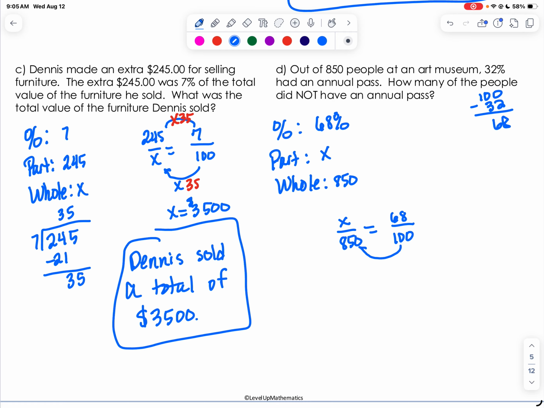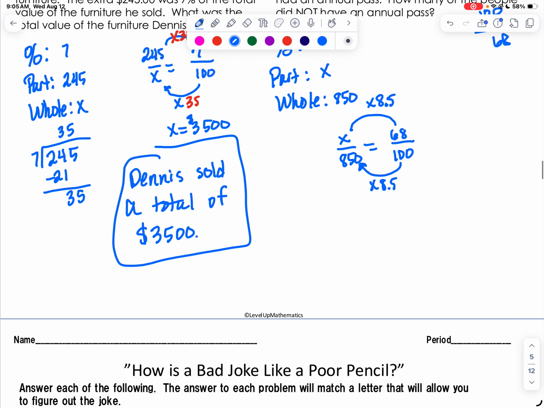So to get from 100 to 850, we would simply multiply by 8.5. So we'd have to do the same thing to the numerator. So 68 times 8.5. 8 times 5 is 40. That'd be 34. Drop a 0. 8 times 8 is 64. 6 times 8 is 48. 6 is 48.